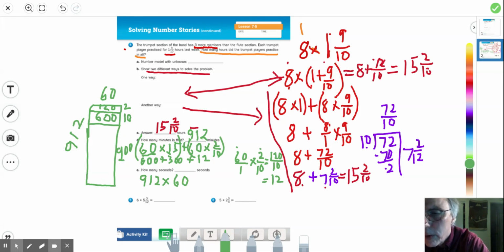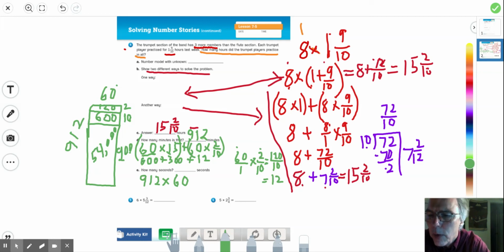Look at your math journal, do a times table, do a calculator if you have to. 9 times 6, 54. How many zeros? 1, 2, 3. 3 zeros. So 54,000.